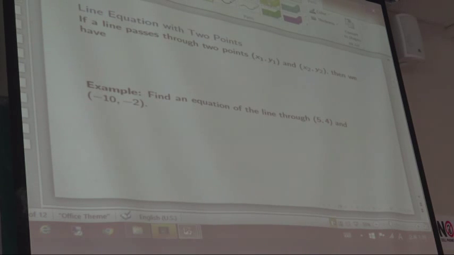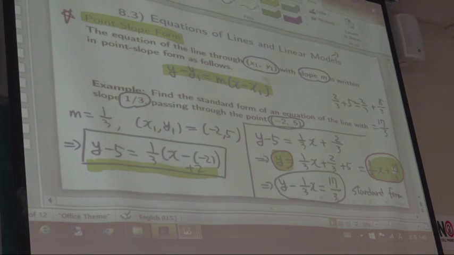Now, line equation with 2 points. So, a line passes through the 2 points x1, y1 and x2, y2. When you have 2 points, you can find the slope m. The slope m is y2 minus y1 over x2 minus x1. Now, in the previous one, when you have 1 point and a slope, we can write down the equation for the line.